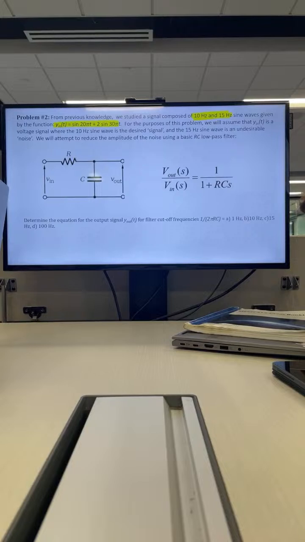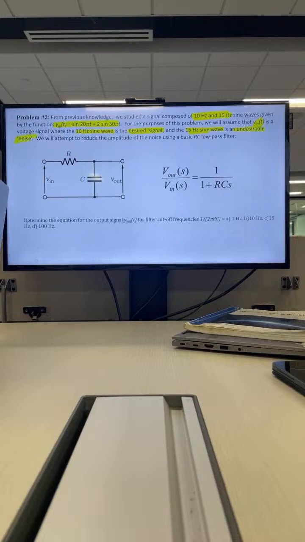I'm writing in terms of frequency here, in hertz. Now, let us assume that this y in of t is the voltage signal, where the 10 hertz sine wave is the desired signal, and the 15 hertz one is an undesirable noise.